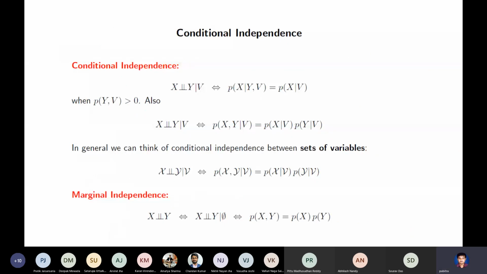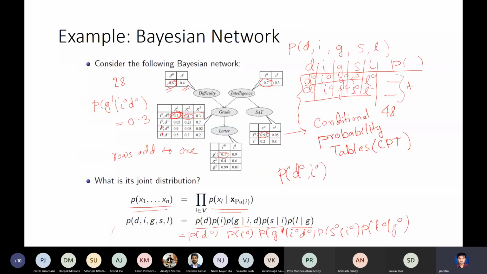So this is about representation. Now let us see if there are any long-range influences, not dependencies, that are there. And that is concretized in terms of something called conditional independence.